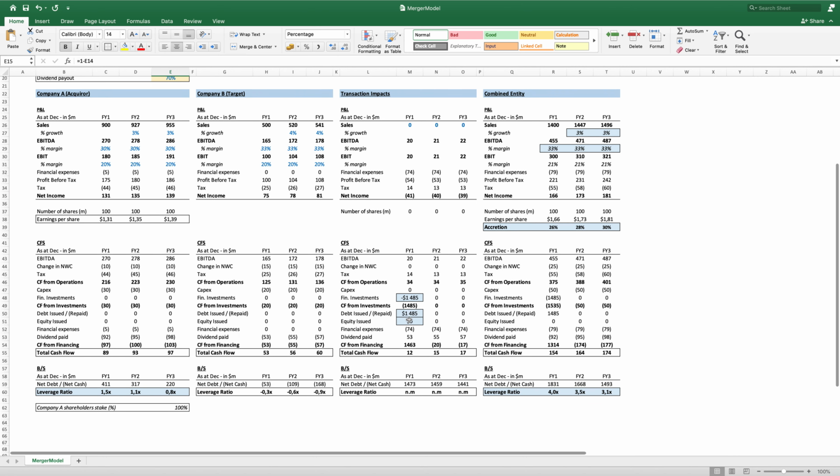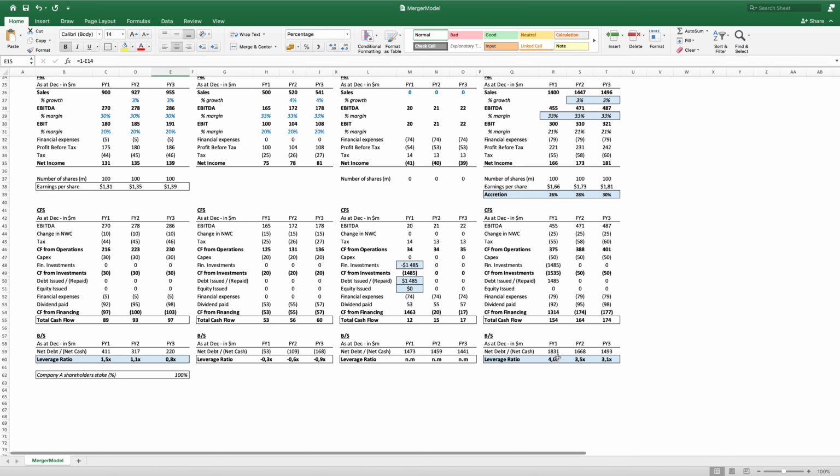You see here in the cash flow statement that 100% of the acquisition price is financed through a debt issue and thus zero through equity. And you see, most importantly, that the leverage just explodes.